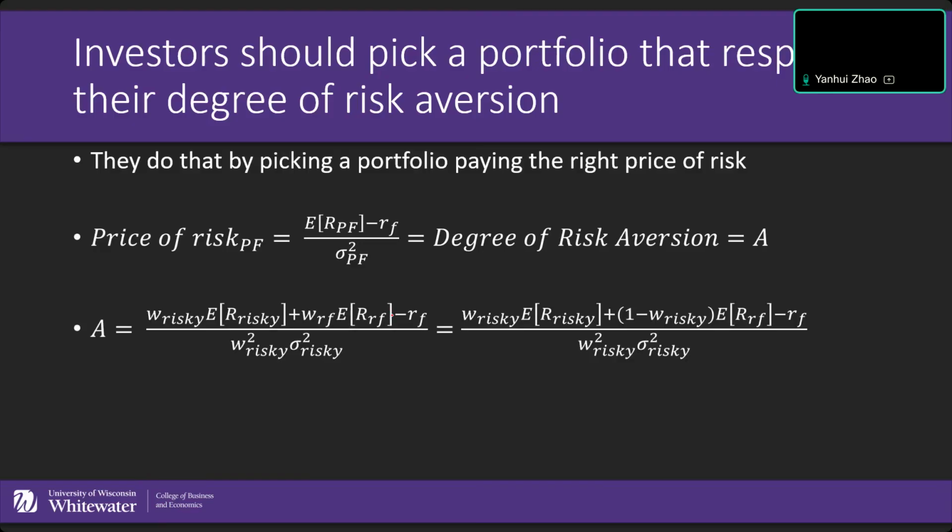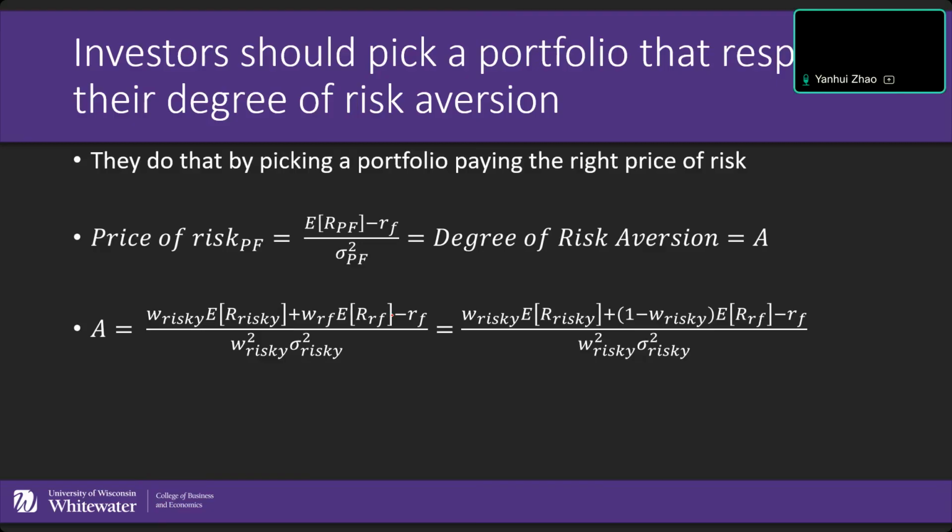And we can expand the numerator: weight of risky assets times expected return on risky assets, plus weight on risk-free assets times expected return on risk-free assets. That is the expected return on the portfolio, right? So look at the formula here. It matches here, and then minus the risk-free rate. Then we divide. The denominator is over here, the variance of the portfolio. So it's weight of risky squared times standard deviation of risky squared.